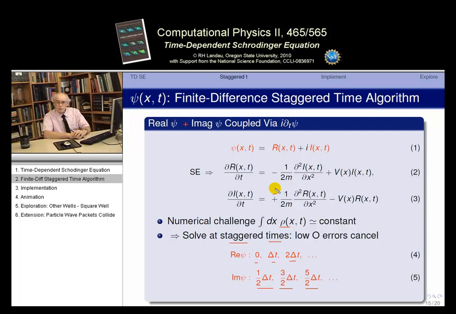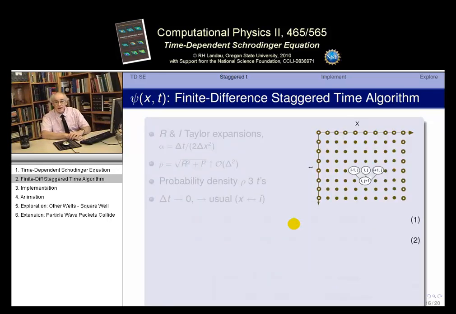Here, by choosing the real and imaginary parts evaluated at different times, and you look through the Taylor expansions, when you add up the real part of psi squared and imaginary part of psi squared, you end up with a density which has terms canceling. The error cancels. So that's the whole idea. We won't go through all those applied math details, but we'll talk a little bit about how we do it. So look at the next slide, please.